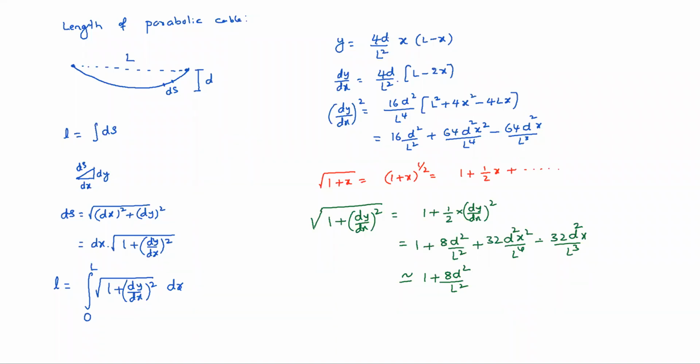So L equals now integral 0 to L of 1 plus 8 d square by L square dx, which is equal to x plus 8 d square by L square x, limits 0 to L, which is equal to L plus, sorry, something 8 by 3 must be there somewhere.